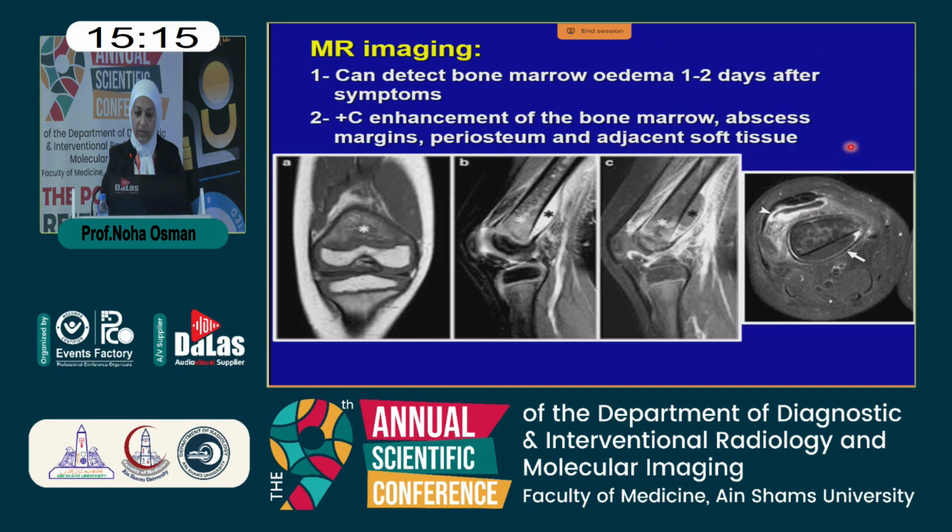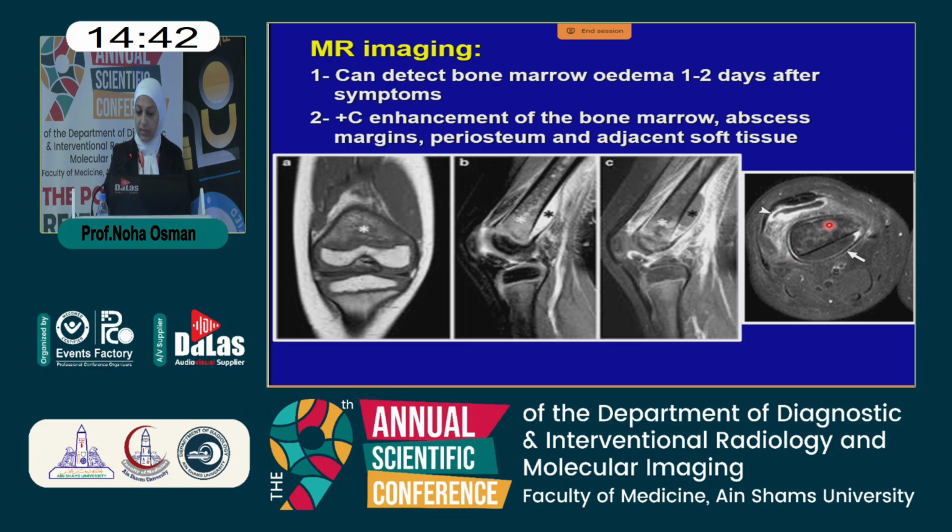MRI imaging is very crucial in osteomyelitis as it can detect early signs as early as 1 or 2 days after the symptoms. The main findings are bone edema in the bone marrow, which appears hypo-intense in T1, hyper-intense in STIR and T2 images, and post-contrast enhancement in the affected bone marrow, and periosteal thickening and enhancement of the surrounding soft tissue.